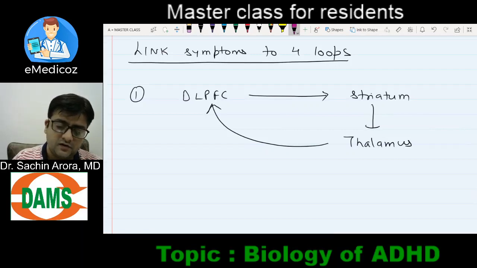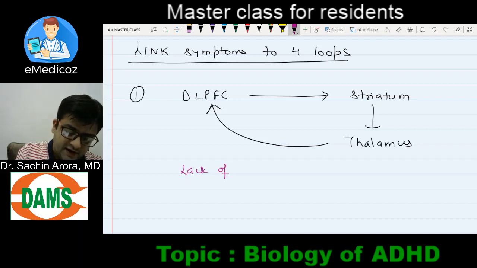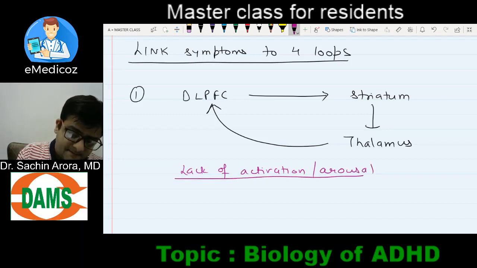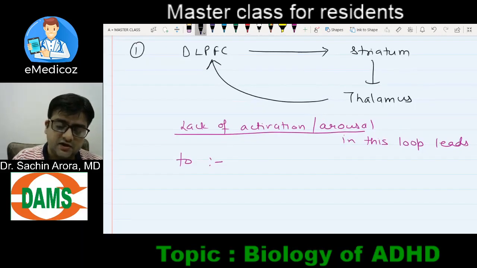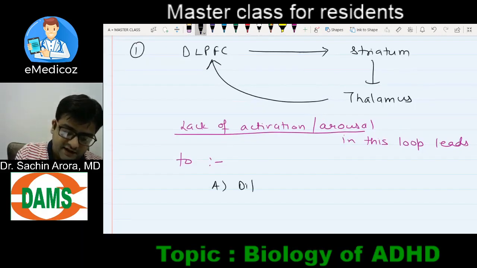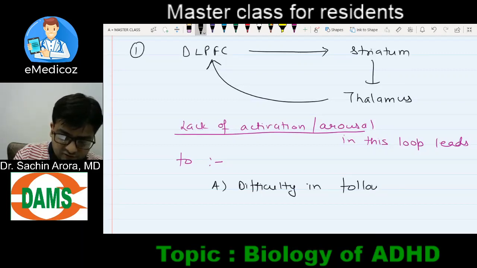Now, lack of activation, or you can call arousal, in this loop leads to which symptom of ADHD? Difficulty in following through or finishing tasks.